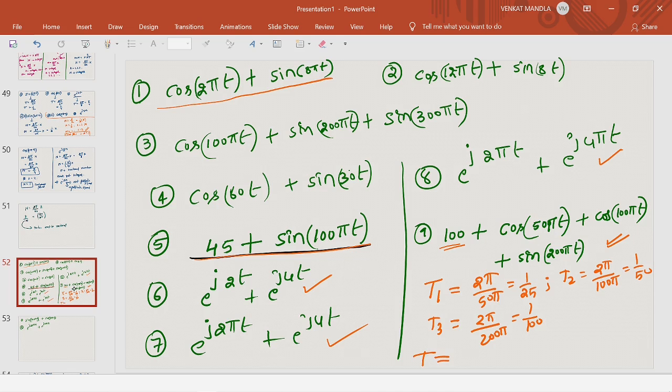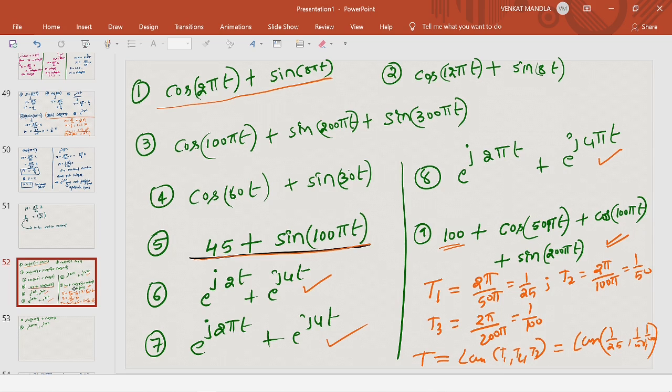That period is LCM of T1, T2, T3. That is LCM of 1 by 25, 1 by 50, 1 by 100. You can do it on your own, not a big deal. LCM of numerators by HCF of denominators. What do you get for the HCF of 25, 50, 100? The highest common factor is 25 only. So T equal to 1 by 25.